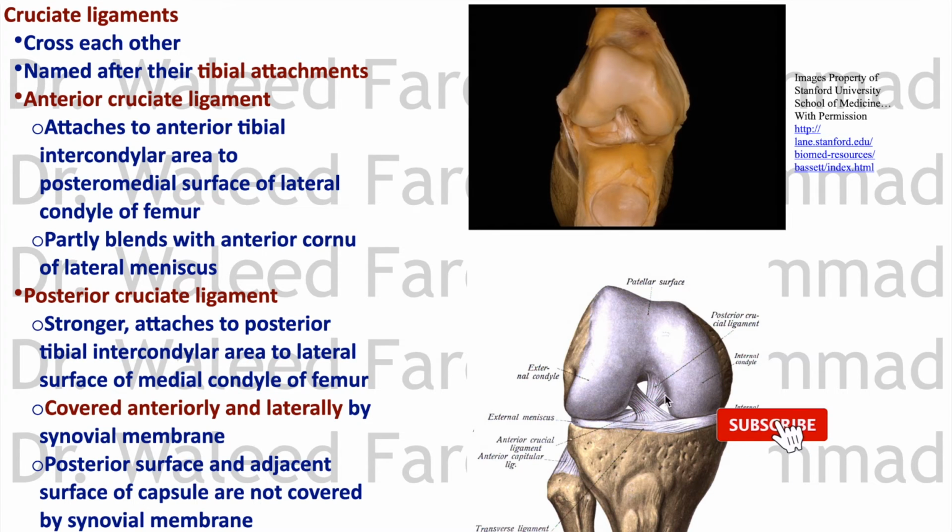As you can see here, it can be visualized from the anterior aspect, so if you have a specimen in the exam, don't get confused with their attachments. Count the attachment to the tibia, not to the femur, because they are named after the attachments to the tibia.